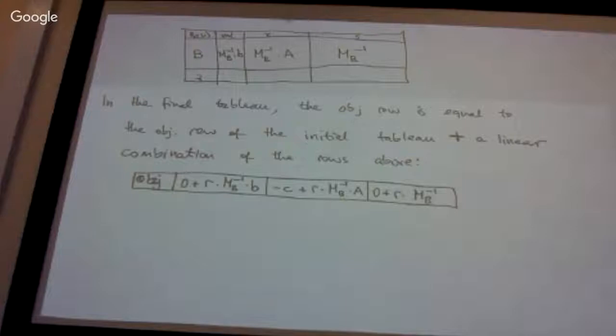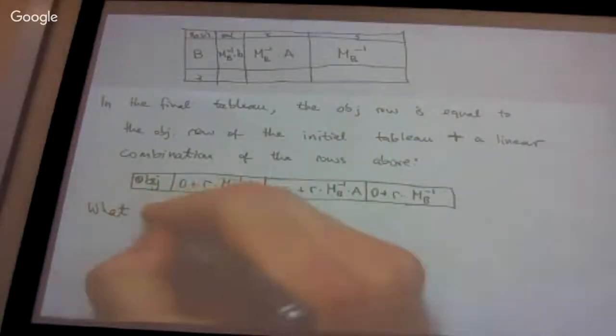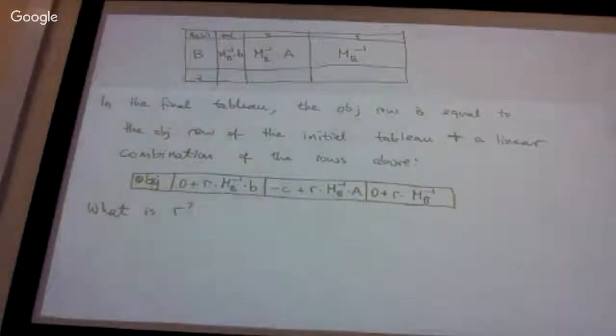Okay. So R is a row vector, which gives me, for each row above, the multiple that I have to take and add. And this is what I get in the matrix. So the only thing that remains is to find out what this R actually is. So how do we know what R is?